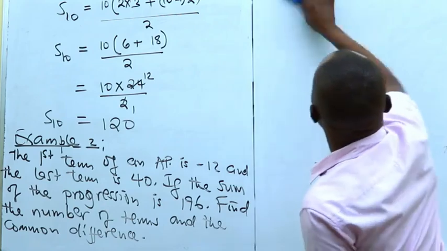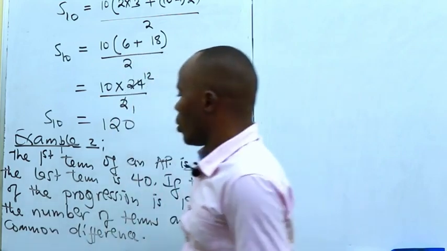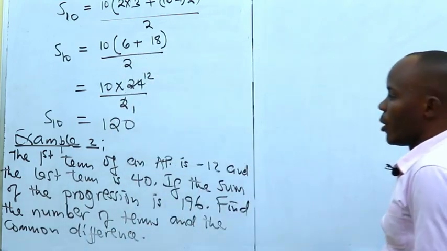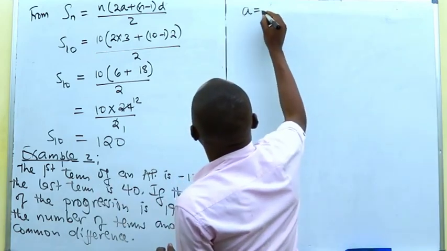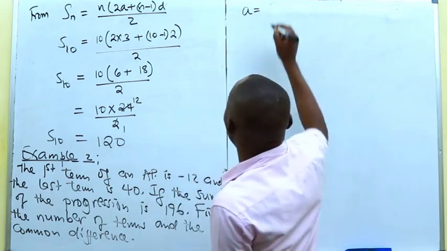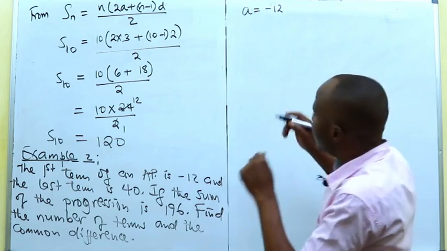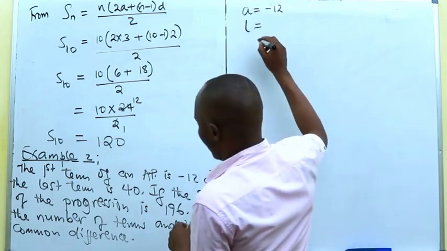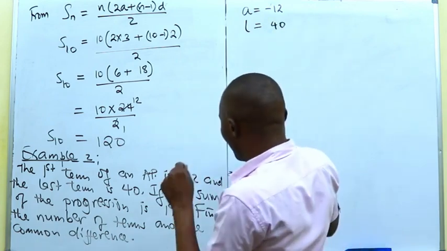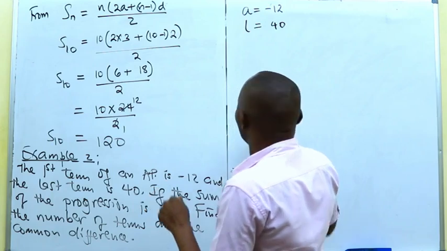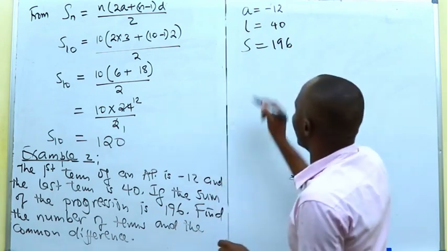Now, ladies and gentlemen, this is a very simple question. They have told us that our first term of an AP, denoted by letter A, is negative 12, and the last term, that is L, is 40. Then they have told us that the sum of the progression, S, is 196, it can be Sn.